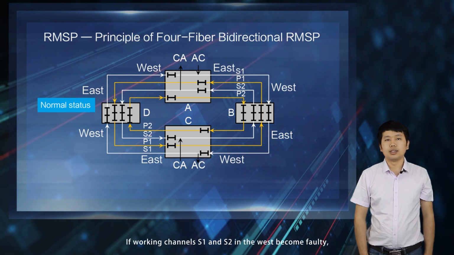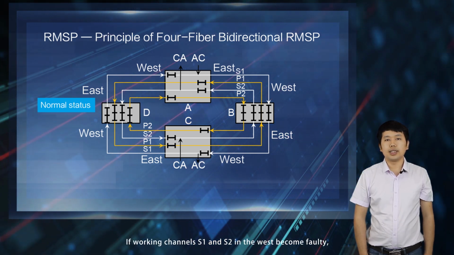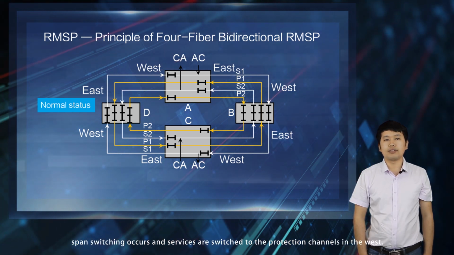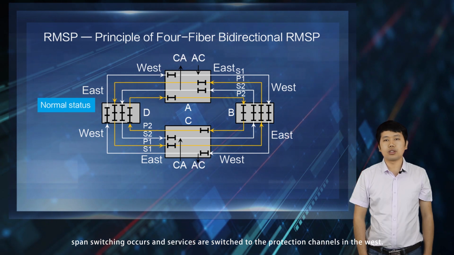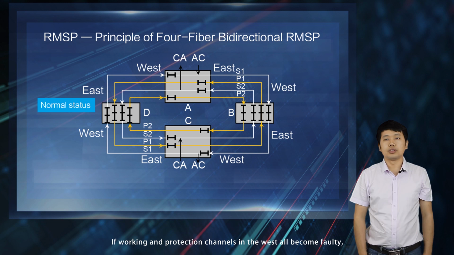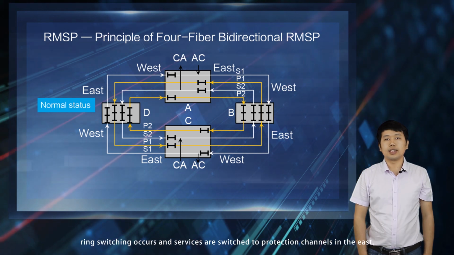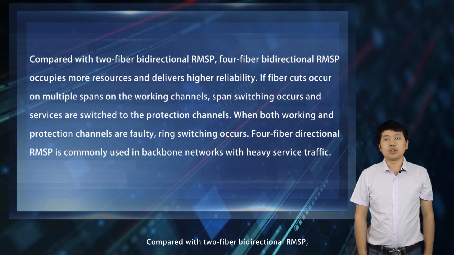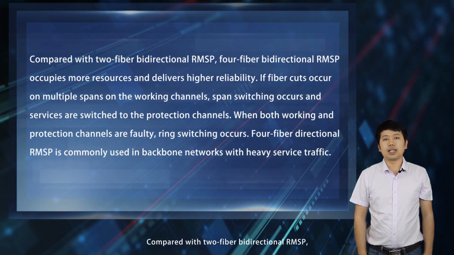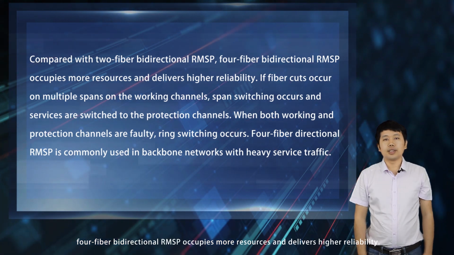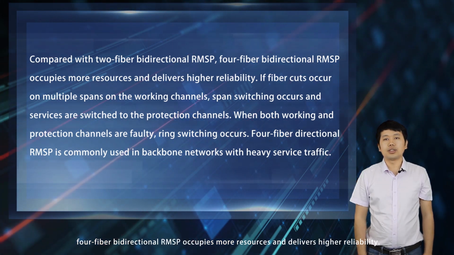If working channels S1 and S2 in the west become faulty, span switching occurs and services are switched to the protection channels in the west. If working and protection channels in the west all become faulty, ring switching occurs and services are switched to protection channels in the east. Compared with two-fiber bidirectional RMSP, four-fiber bidirectional RMSP occupies more resources and delivers higher reliability.